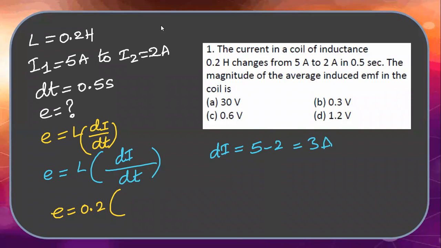Then 3 divided by dt, which is 0.5 seconds.